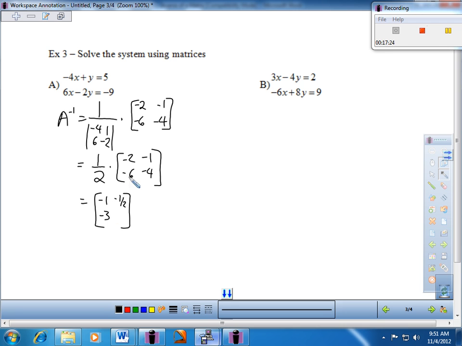And last but not least, -4 divided by 2 is -2. And that, everybody, is the inverse. Step 1. That looks great. And now the way we're going to play this out, very simply, our x and y, our variables, are going to be the product of the inverse of A times B.